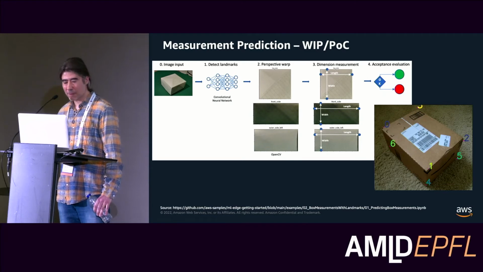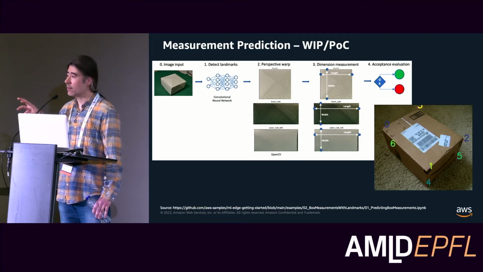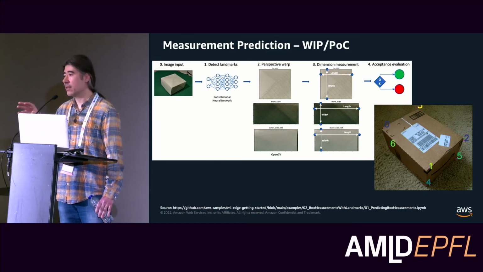This is a super hard problem, especially because you need to have the camera positioned at the right place, focusing at the right angle. If you change anything, you need to recalibrate this. Otherwise, you can increase the error of the measurements of these bricks, right?